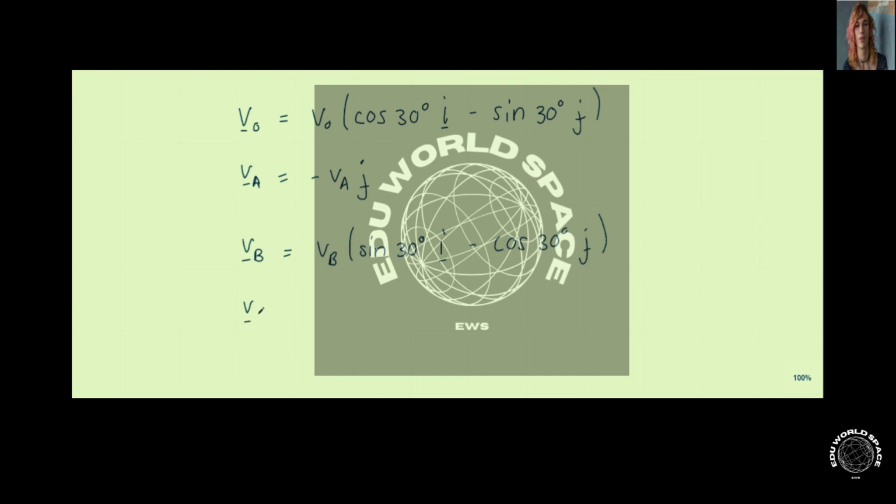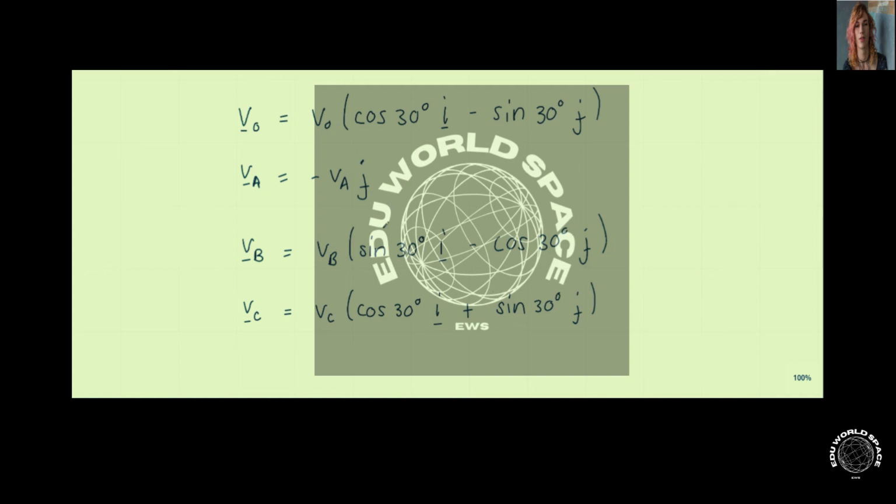And finally VC, so all this is coming from our diagram and a little bit of trigonometry, is some magnitude of the velocity VC times the cosine of 30 degrees i plus sine of 30 degrees j.